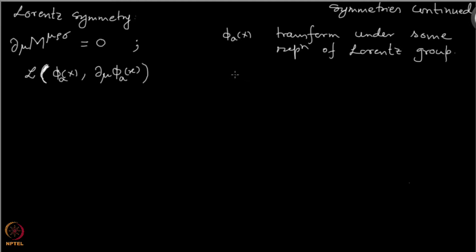So the φ_A's could be scalars. You may have one scalar, so in that case the index A is irrelevant.